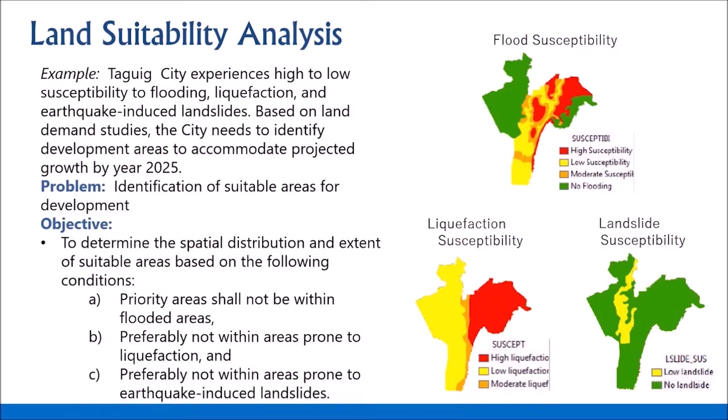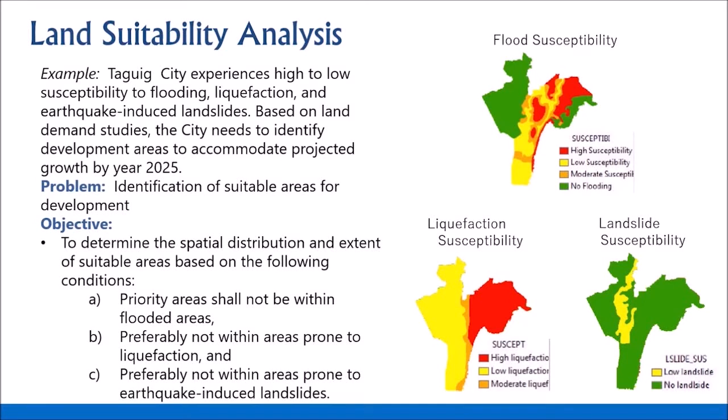Now, for land suitability analysis, we have here an example for Taguig City. So you identify the suitable areas for development, and the objective is to determine the spatial distribution and extent of suitable areas based on the following criteria or conditions. A, priority areas shall not be within flooded areas.